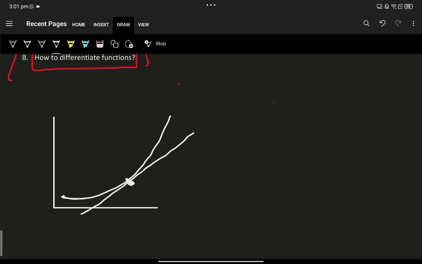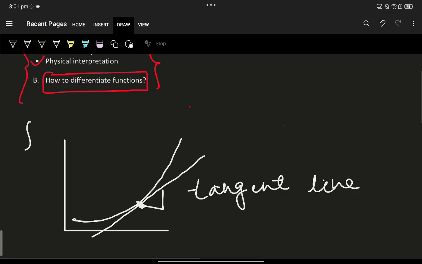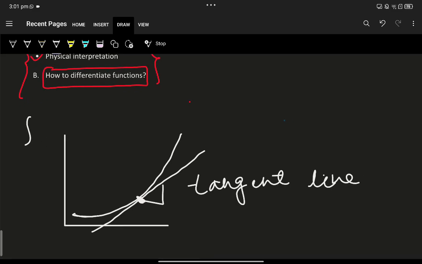this is a tangent line, right? We all know this is a tangent line, the line which I have drawn now, and the derivative is the slope of this tangent line. The slope of the tangent line is actually the derivative of this graph, that is f of x. So this is f of x over here, and this is x.